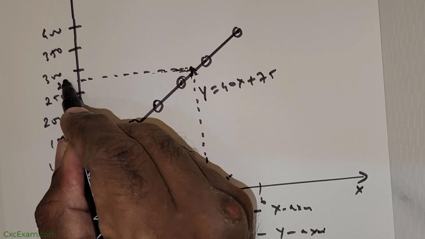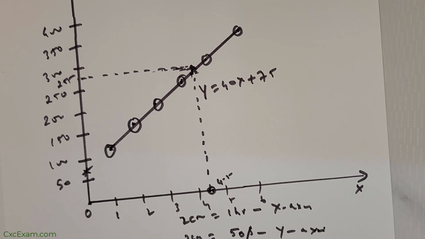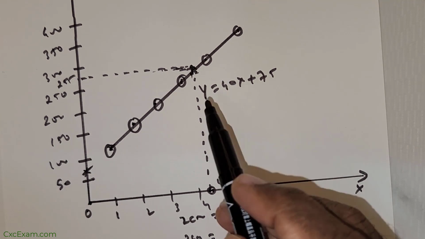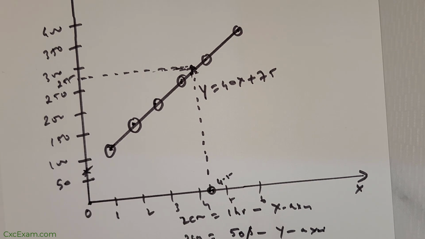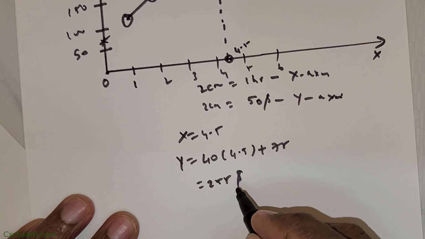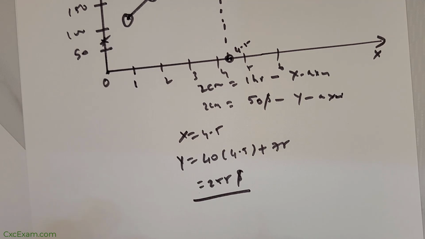This is 255. Make sure that there is the intersection there. So this is how much money has been obtained.